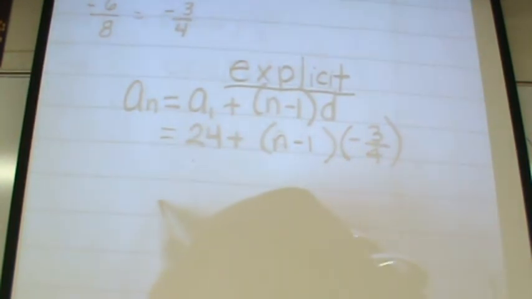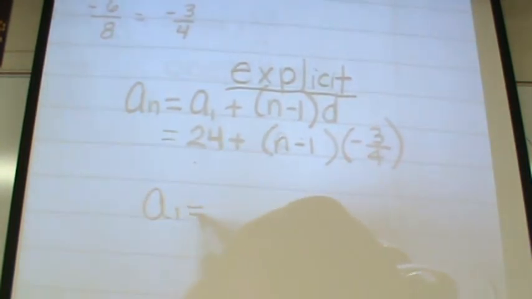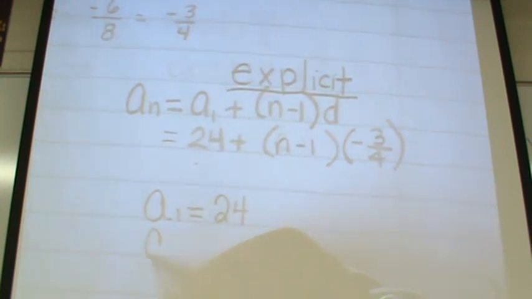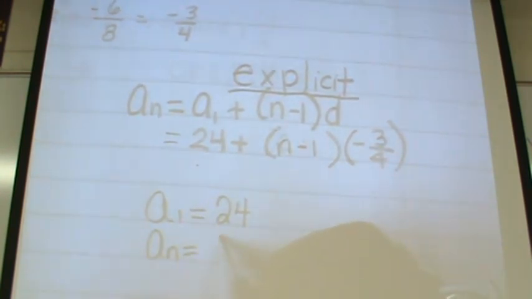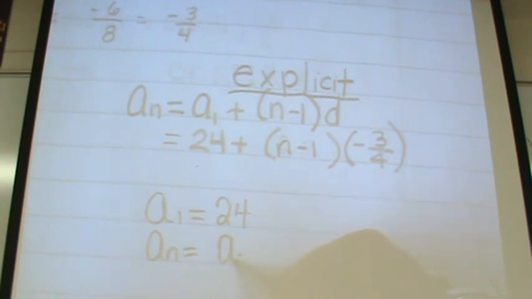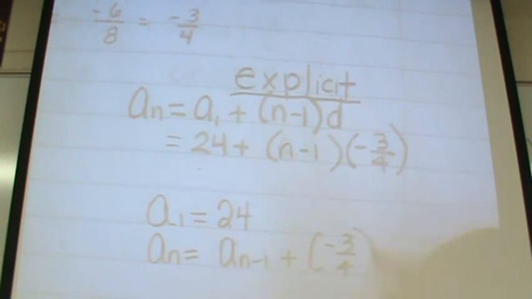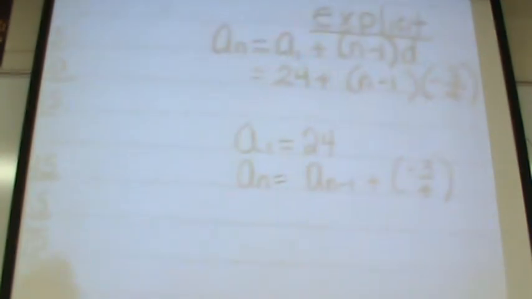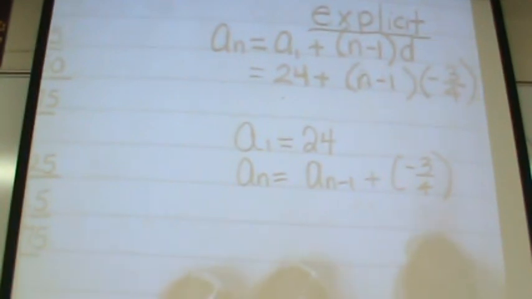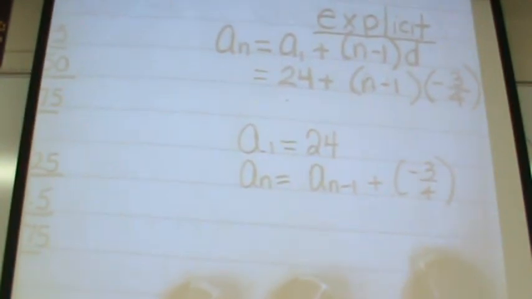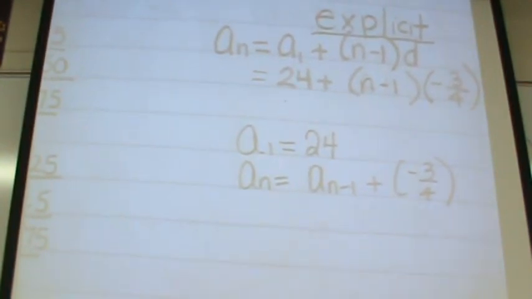The recursive one is you state the first term, which is 24, and for any term that you want to find, it's the previous term, and then you're going to add negative 3/4. That's your common difference. That's what we did to generate the rungs; instead of using 3/4, I thought it was easier to use 0.75. And that is it.